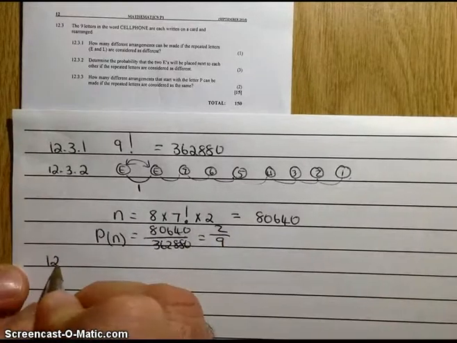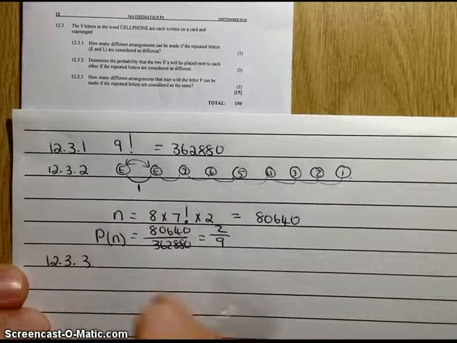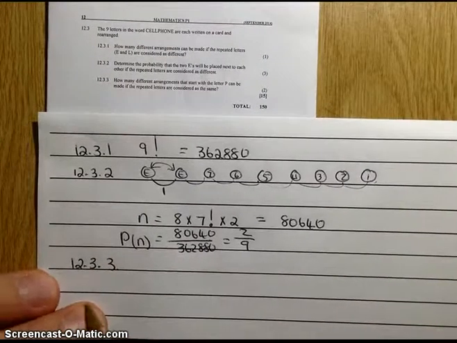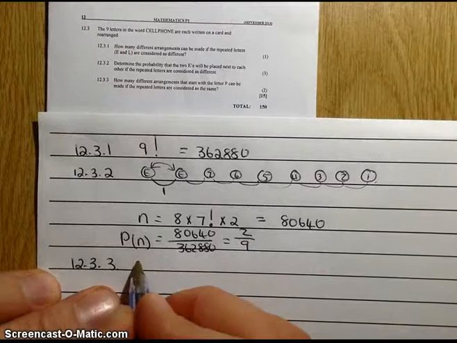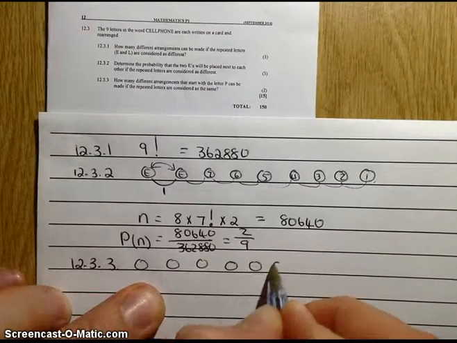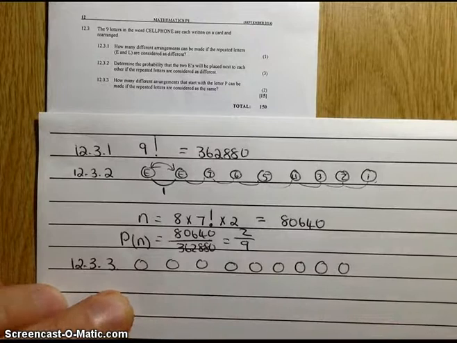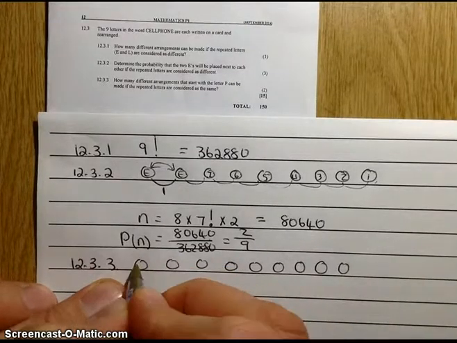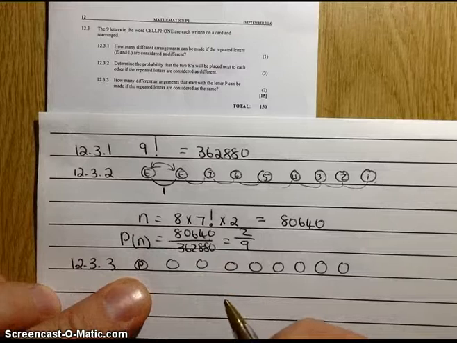Then number 12.3.3. In this question, how many different arrangements that start with the letter P can be made? So now I have my 9 boxes, 9 positions for letters. They must start with a P, so I'm going to lock P in the first position.